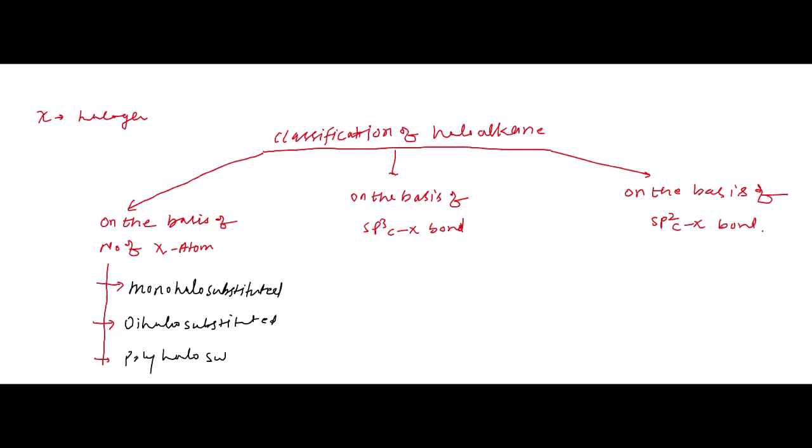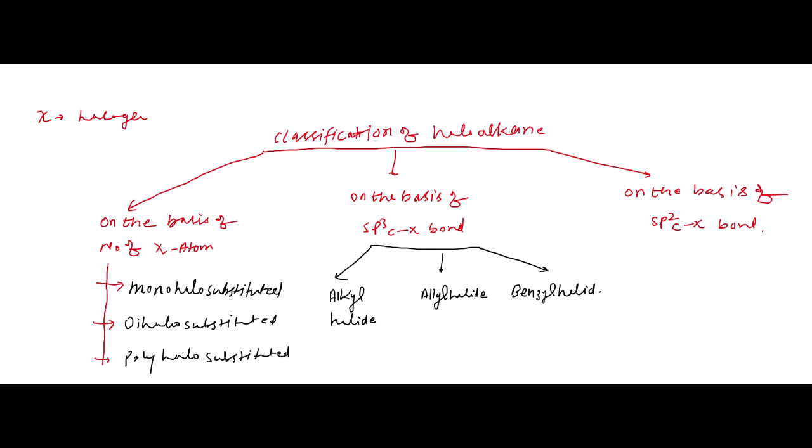Now, on the basis of sp3 C-X, there are three types. The first one is alkyl halide. The second one is allyl halide. The last one is benzyl halide.